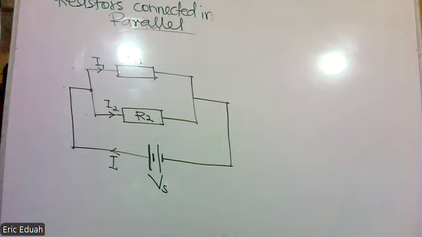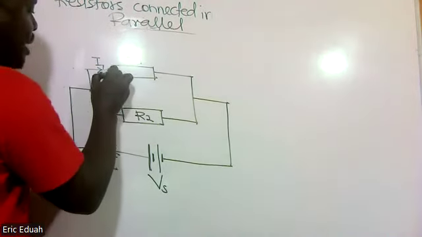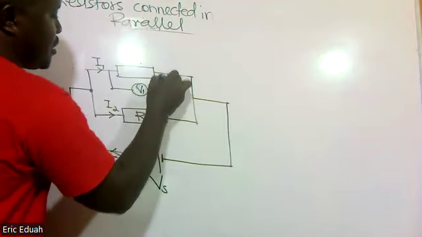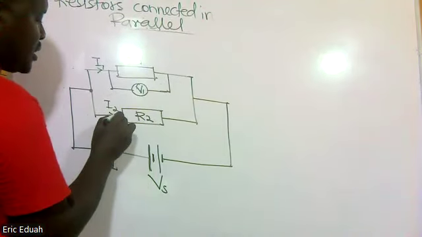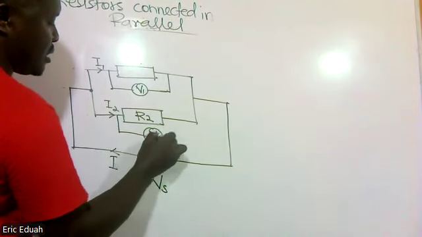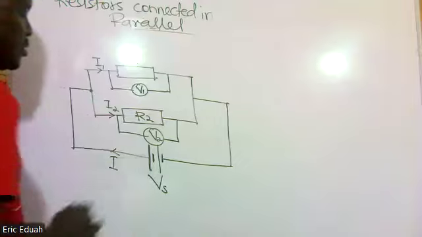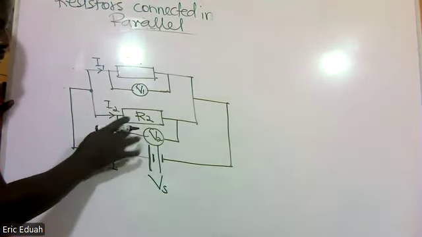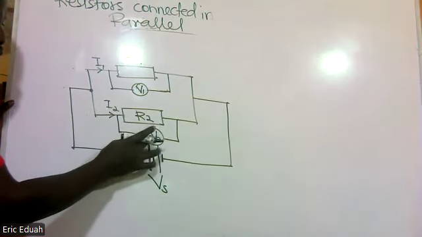Now, when resistors are connected in parallel, they have equal voltage. So the voltage drop across this one, V1, is equal to the voltage drop across this, V2. There is a junction here, but current will not flow through.